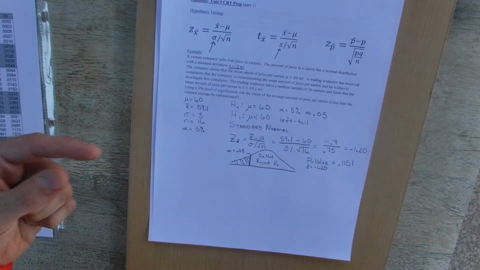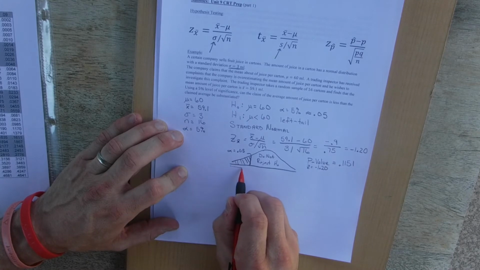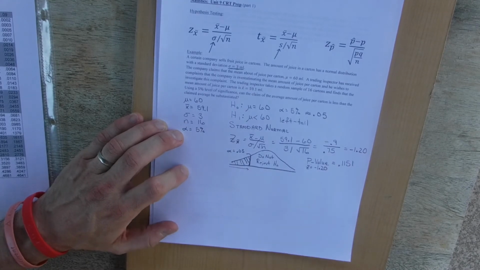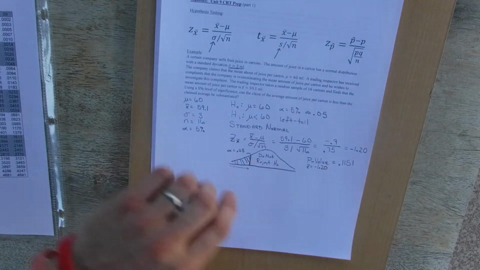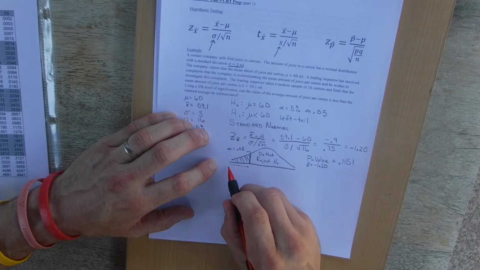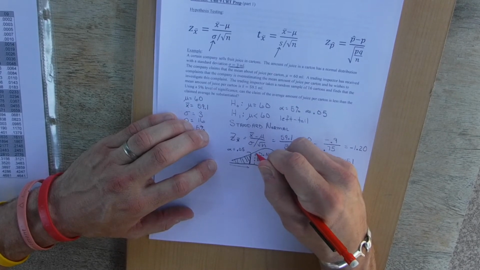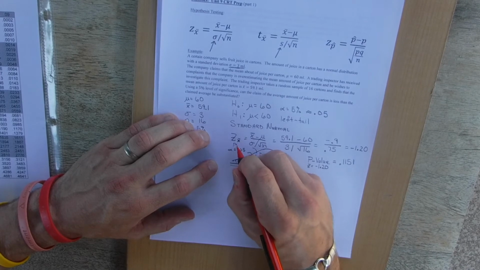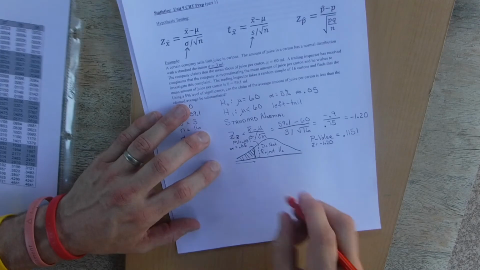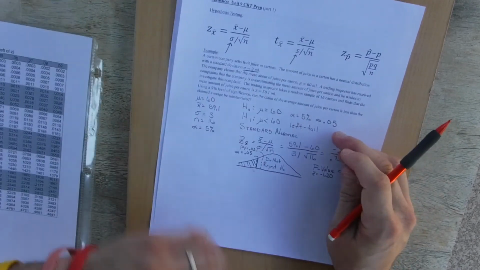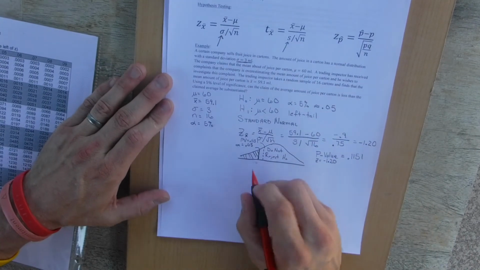Because this is a left tail, we're going from the left-hand edge. So this distance to this gate is 0.05. Our p-value is 0.1151, which is substantially larger than that. So our p-value is going to fall out here somewhere, because the area to the outside is greater than that alpha. It's bigger than 0.05.